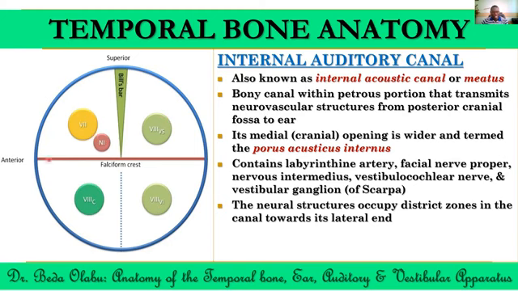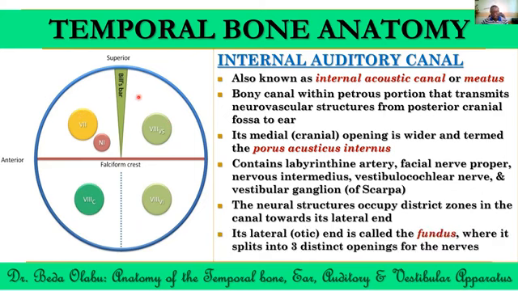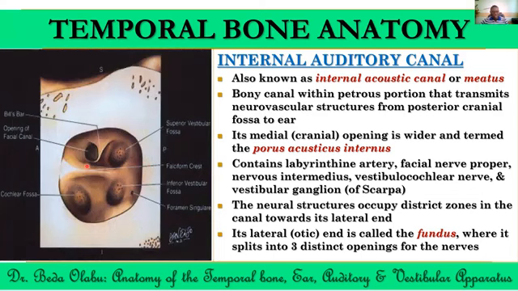There's usually a transverse ridge that separates the upper from the lower components, and there's something called the Bill's bar that tries to separate the anterior from the posterior superior segment or quarters. The lateral end of this canal of the internal auditory meatus is termed the fundus. And from the fundus, there'll be openings for the different nerves exiting. So this is the Bill's bar, separating the anterior superior from posterior superior region.